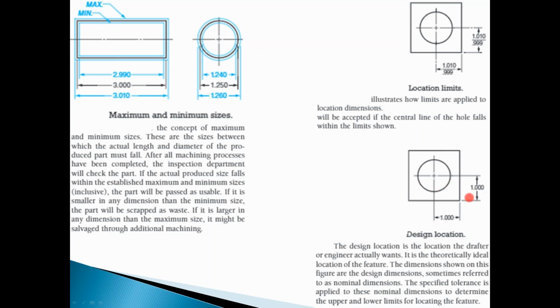So you want to locate this feature, so you have to define this nominal dimension and then determine the upper limit and lower limit in order for the manufacturer to manufacture. We apply the same idea: anything larger than the allowable location, we may have to salvage.